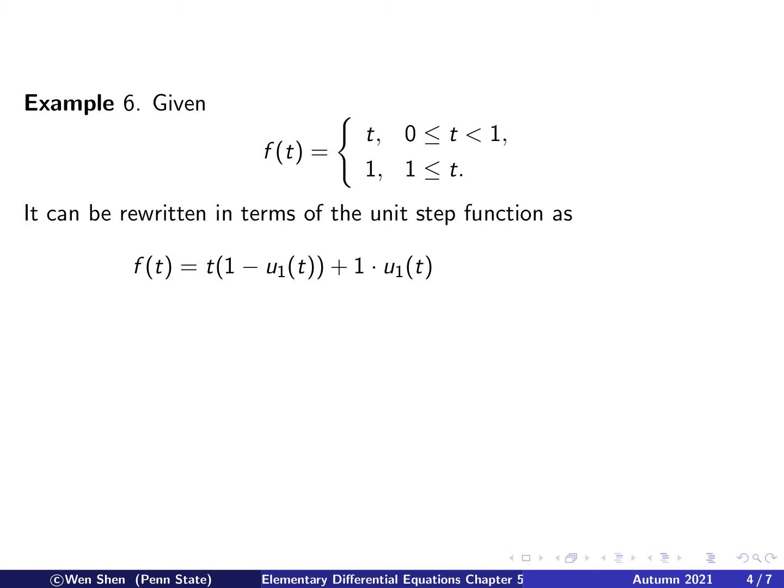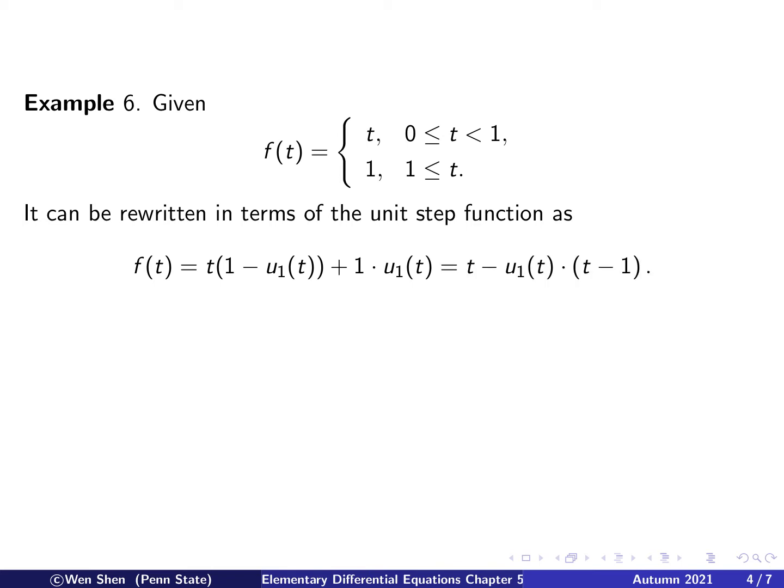Okay, so let's rewrite the function using unit step functions, as we have learned. The first is t times the interval that picks up from 0 to 1, so 1 minus u1 of t. And then the second is 1 times this interval, which is picked up by u1 of t.